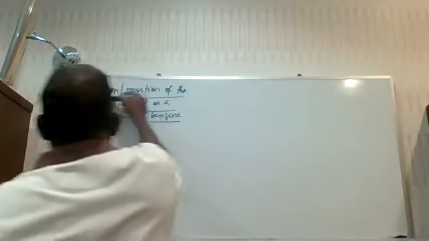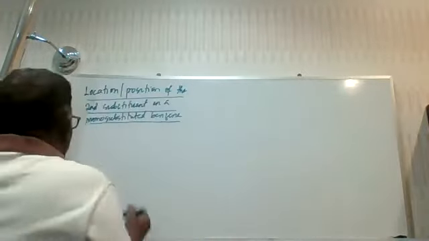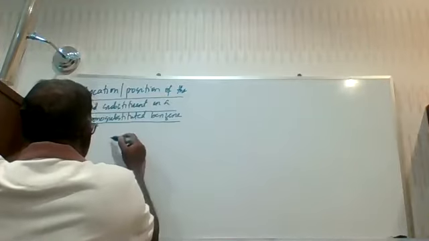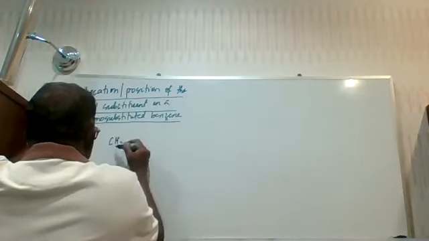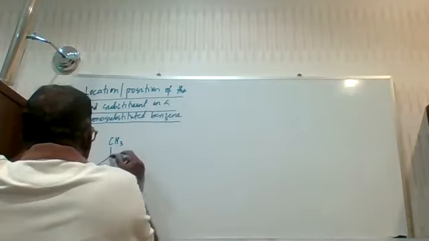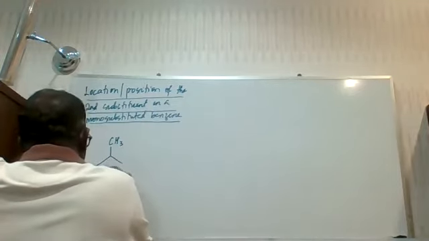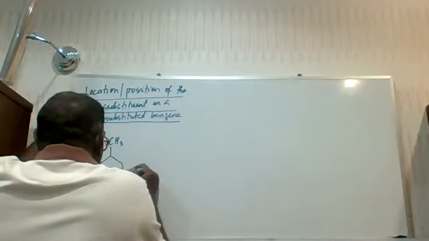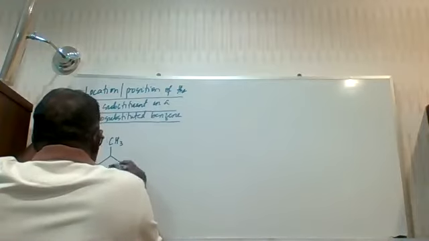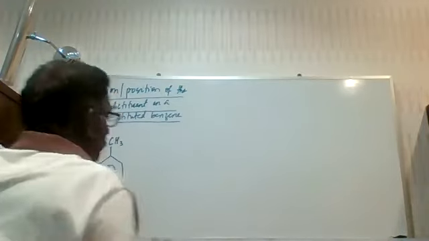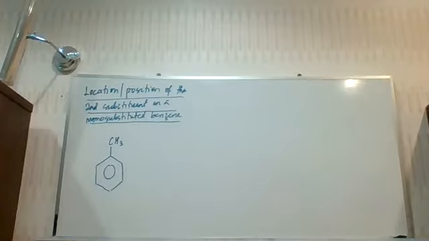What does that mean? Let's say you have methyl benzene. The common name for methyl benzene is toluene. Quite often toluene will be used in the exam as well. So you are all supposed to know toluene is actually methyl benzene.